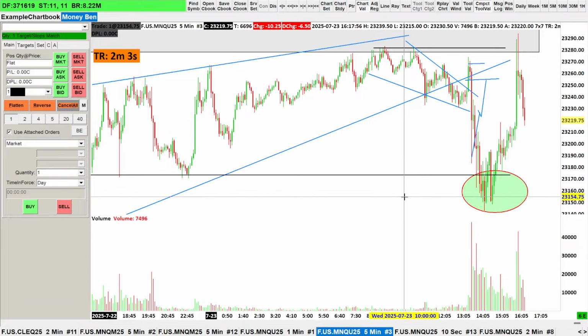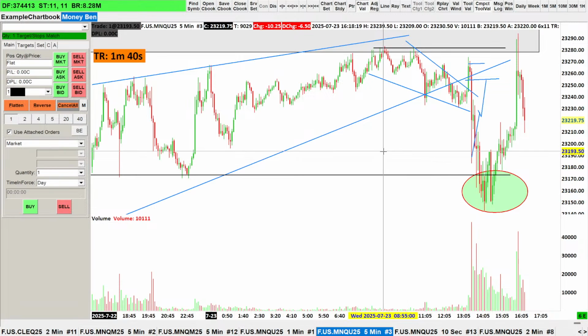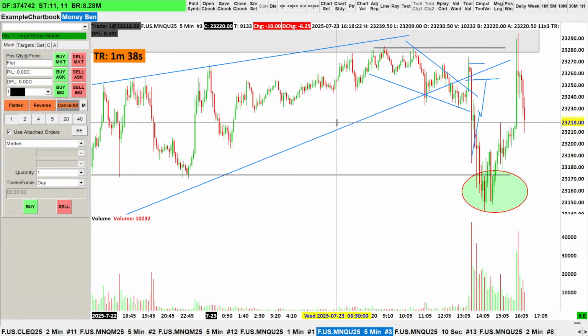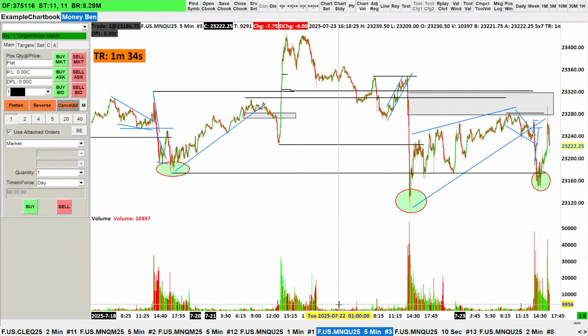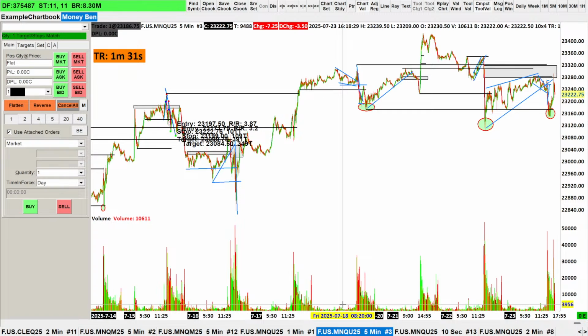Now, I'm not scared to take shorts in a bullish market. Sometimes I might get stopped out. Sometimes I won't. It doesn't matter. What I'm more concerned about is the short term structure versus the long term structure. So I don't mind going short in a bullish market if it makes sense, right?